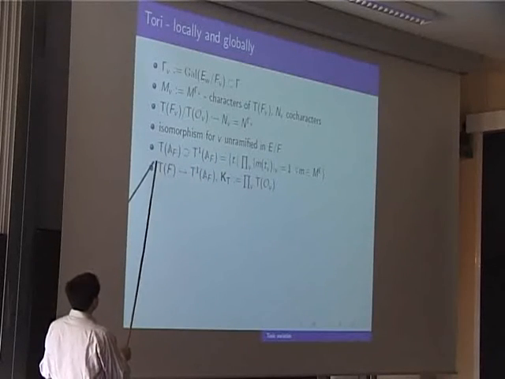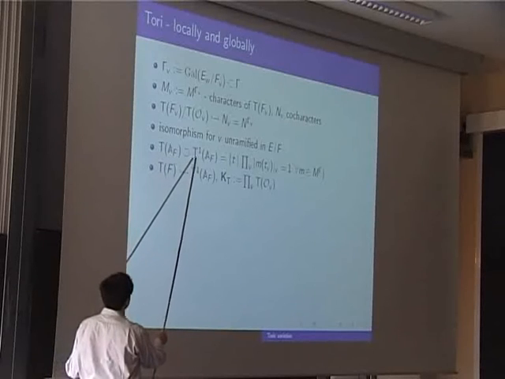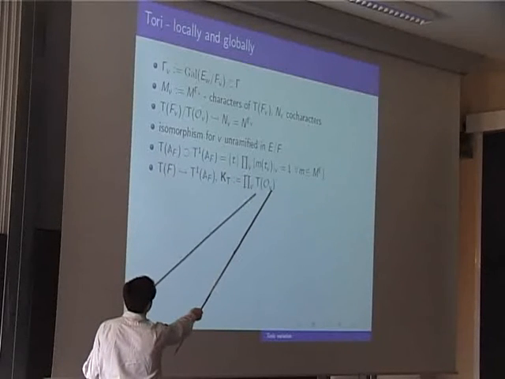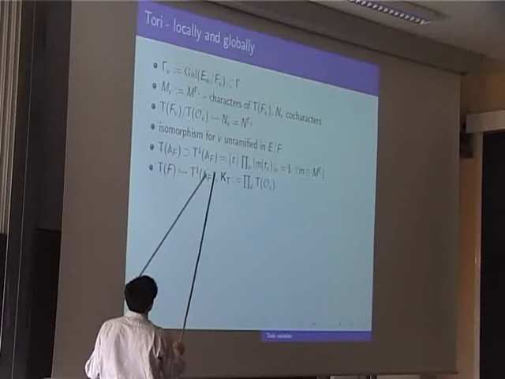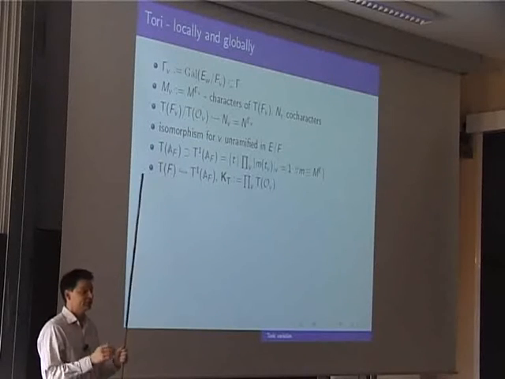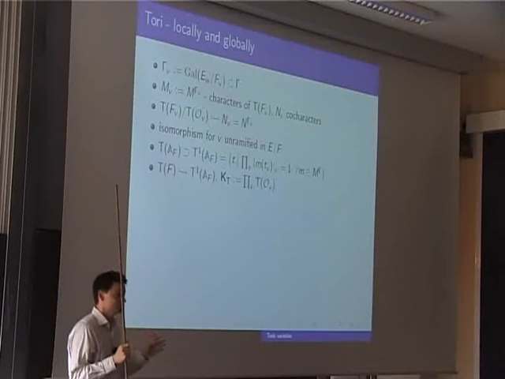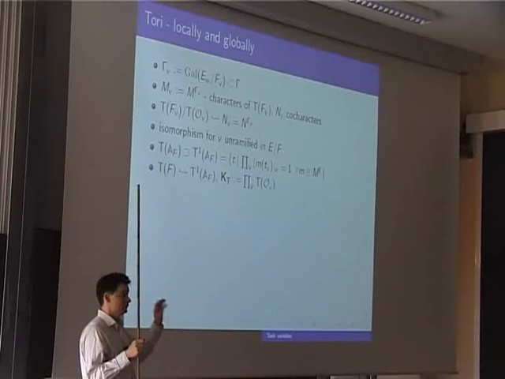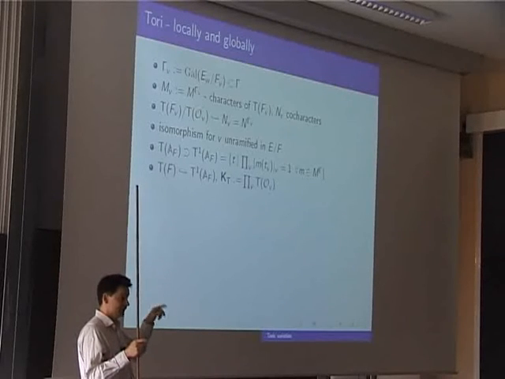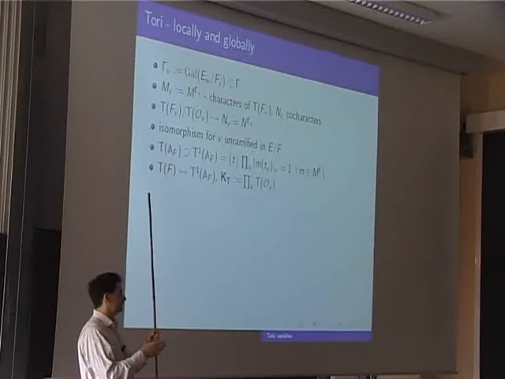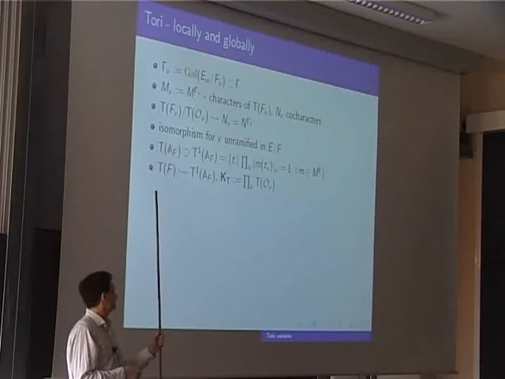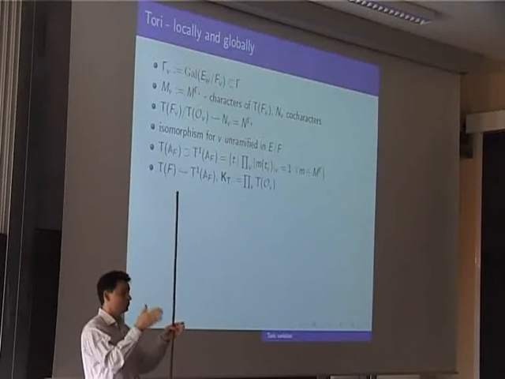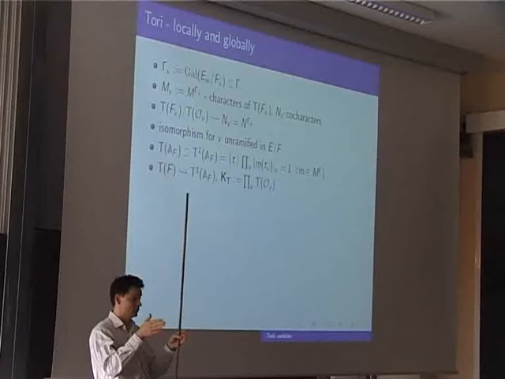Over the adeles, we have a torus, and we have the kernel of the rational characters, T^1 of T. So if you've never seen these kinds of things, just think about G_m over the rationals. We have G_m of A, the adeles, and inside we have G^1, those which have absolute value 1.